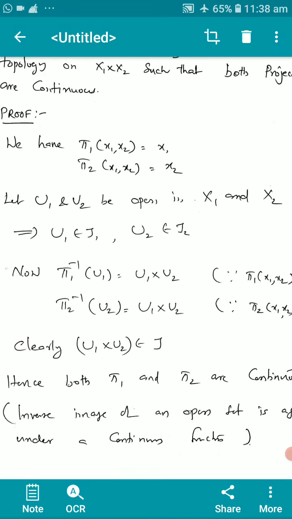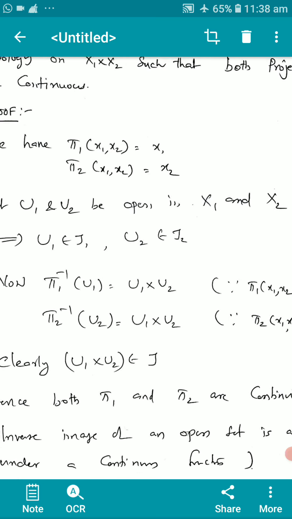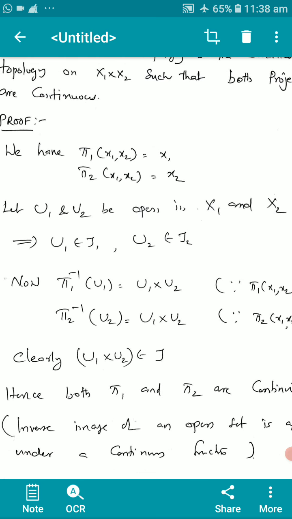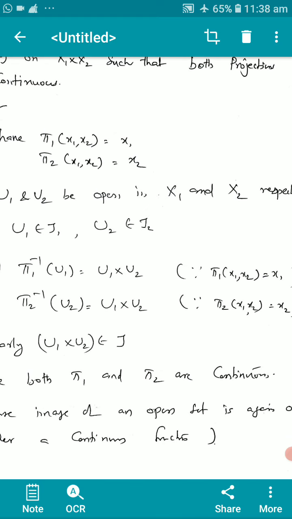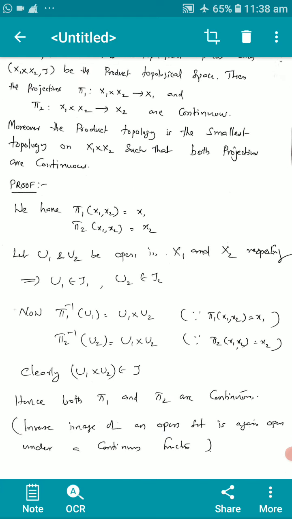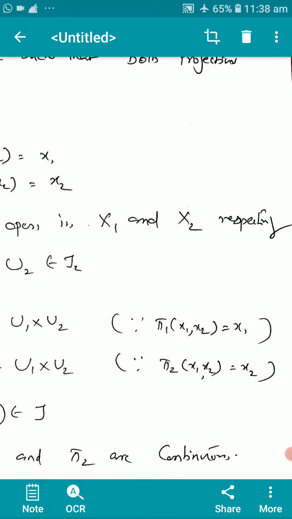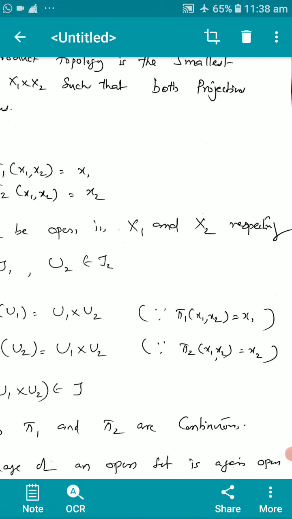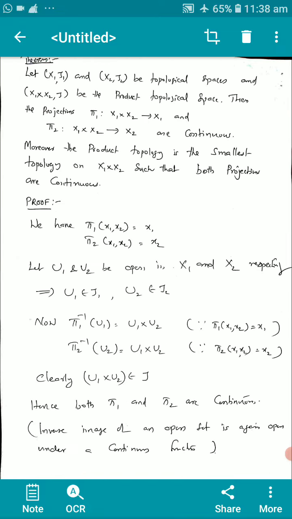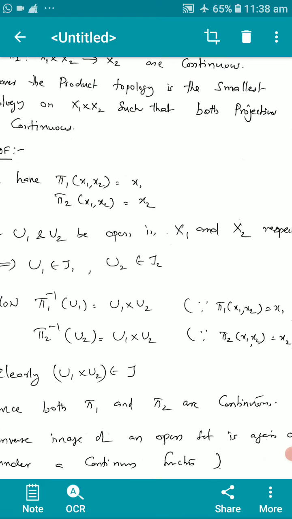We can discuss the proof of it. As you know, pi1 of x1 x2, the point x1 x2 we are taking, is x1, and pi2 of x1 x2 is x2. We are taking two open sets, u1 and u2, u1 open in x1 and u2 open in x2 respectively. That is, u1 is an element of tau1, u2 an element of tau2.